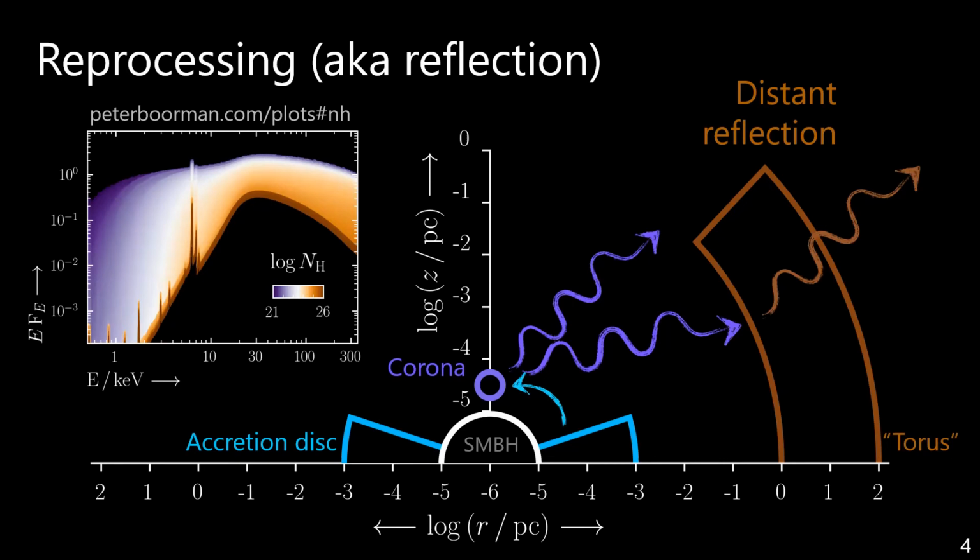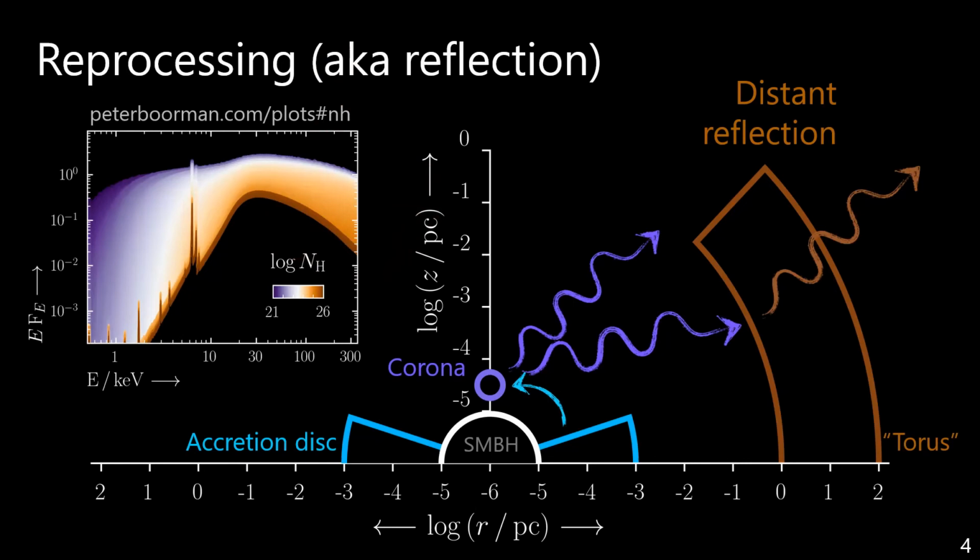and depending on the level of the obscuration measured by the column density, you get a very different X-ray spectrum. So here I'm just plotting, for a particular clumpy distribution of blobs of gas surrounding an accreting supermassive black hole, the spectrum that you would see if you propagate X-rays outwards, colored by the column density.